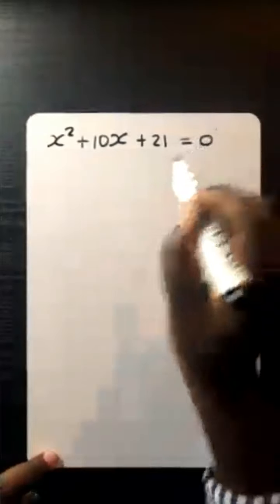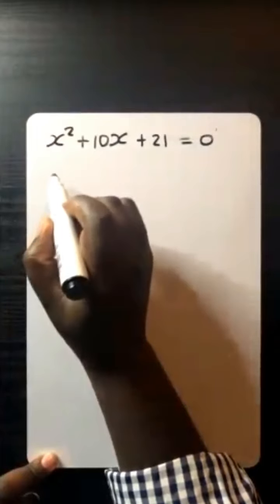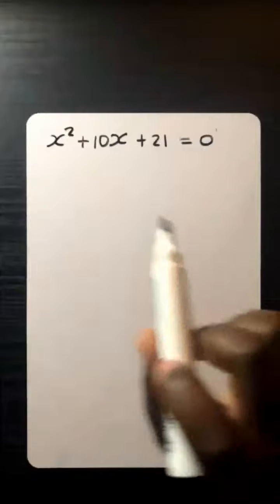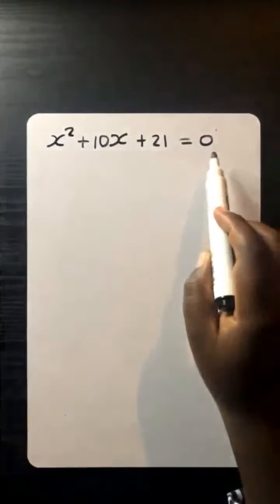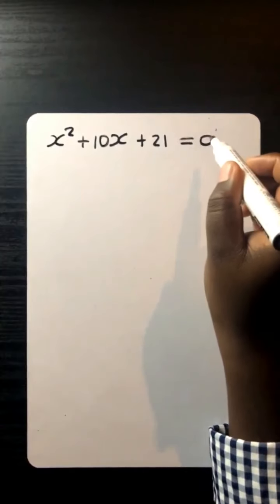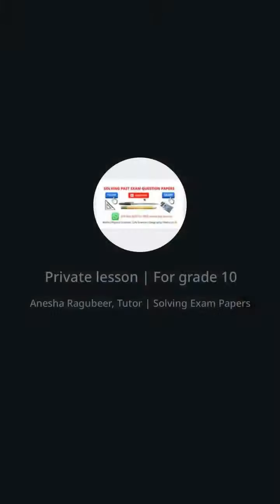As I write these problems, remember, if this is given as an equation which is equated to 0, when you write it down, you need to equate it to 0 as well.